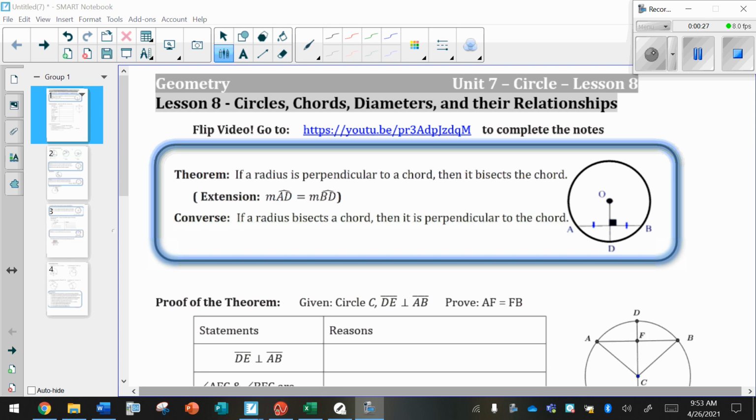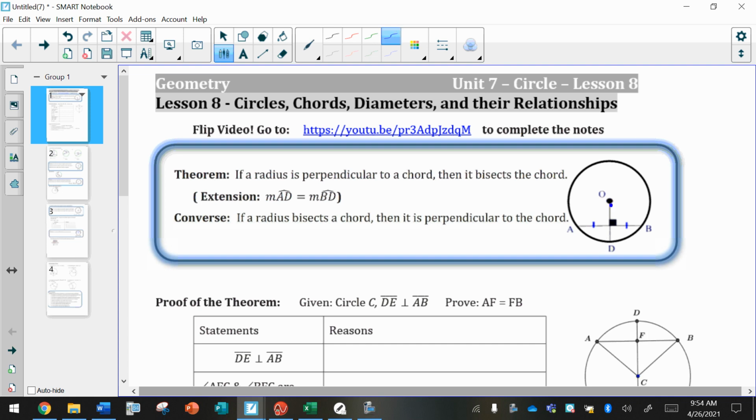All right, first theorem. If a radius is perpendicular to a chord, then it bisects the chord. It'll also bisect the arc that is created by the endpoints of the chord. In the diagram here, we have our radius OD, and that radius is perpendicular to the chord.